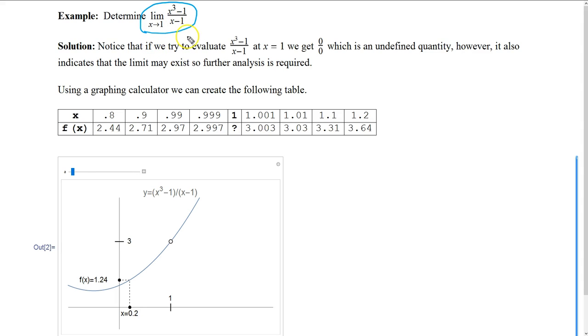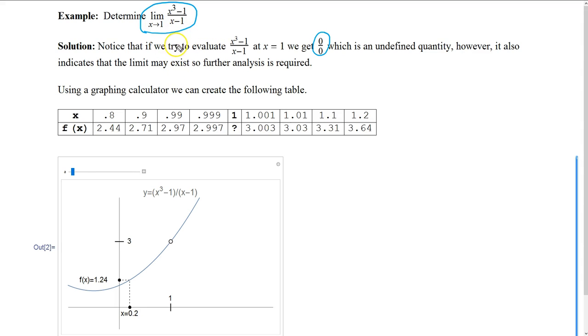Now you notice in this case, if we put 1 in for the x in the numerator and in the denominator, we get 0 divided by 0. Now this is an undefined quantity, and whenever you see 0 over 0 appearing in a limit, that indicates that the limit may exist. So more detailed analysis is going to be required.